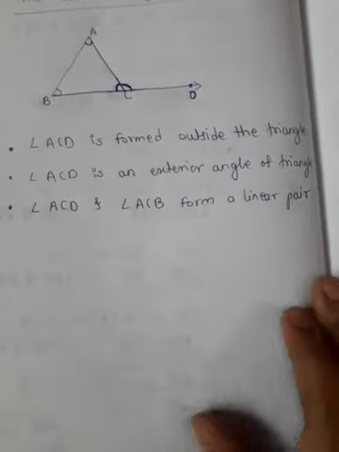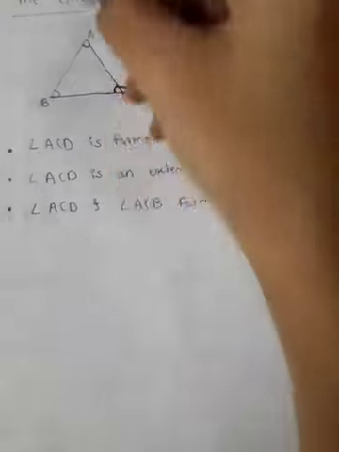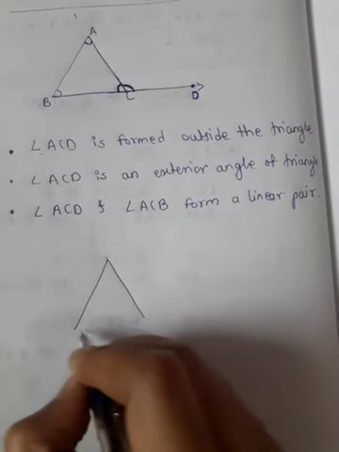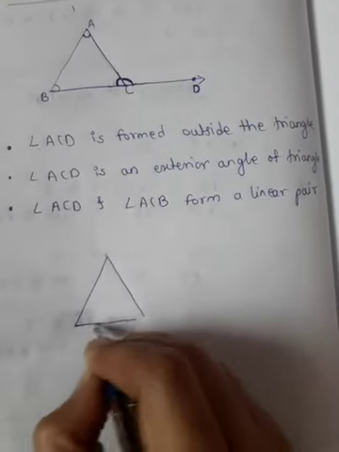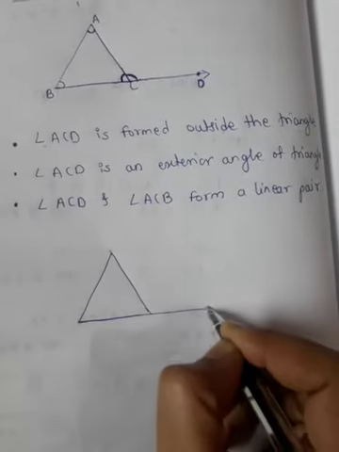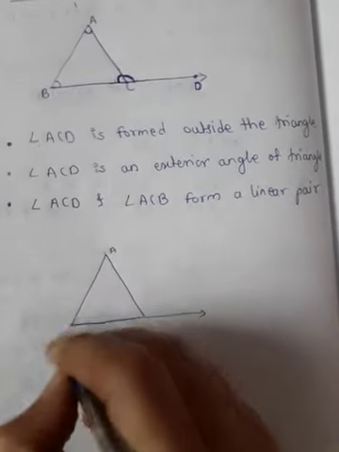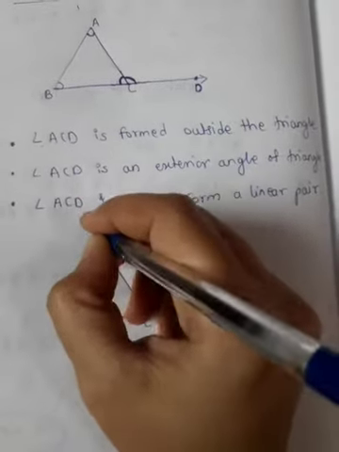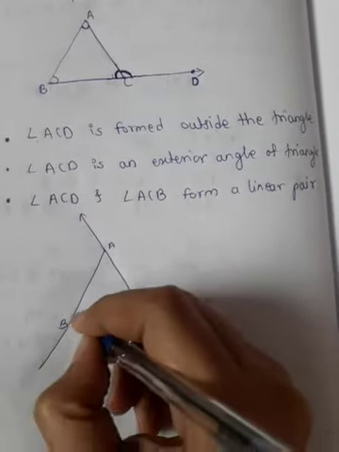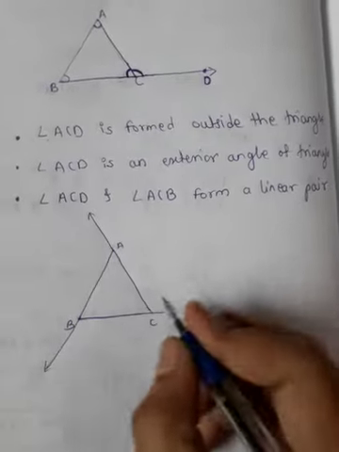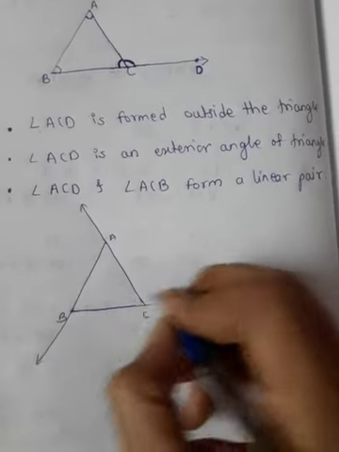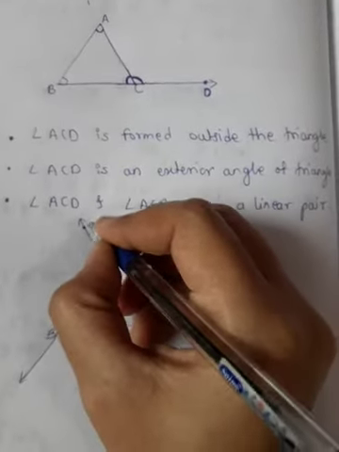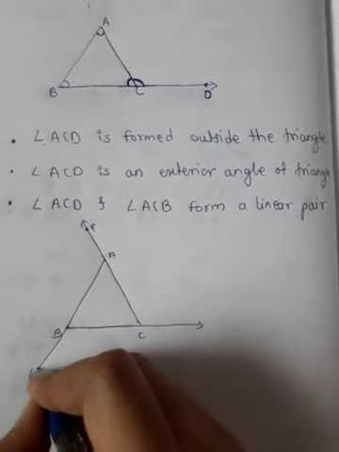Now if we extend other sides of the triangle, suppose we extend side AC and side AB, we get some other exterior angles. Suppose we name the points P and Q.